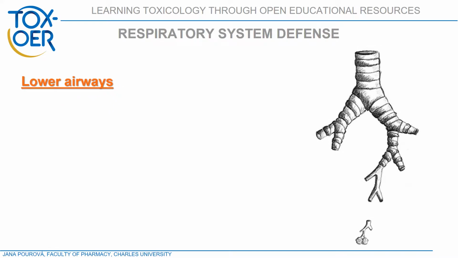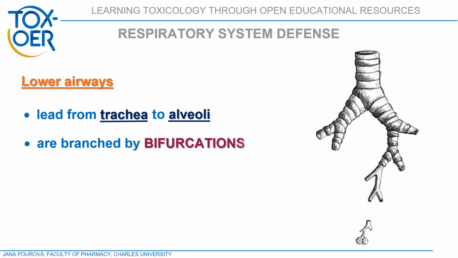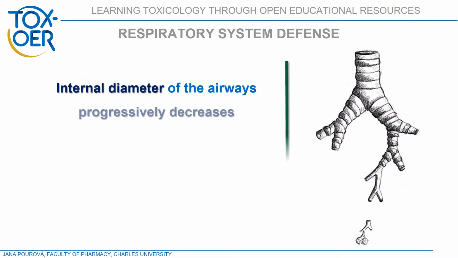Lower airways lead from trachea to alveoli, and they are branched by bifurcations. The internal diameter of the airways progressively decreases.